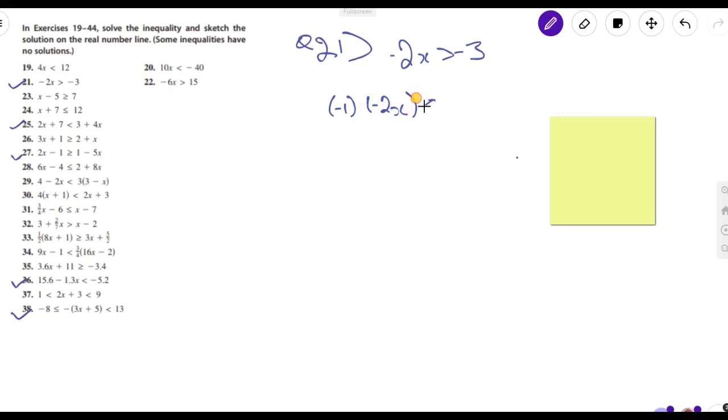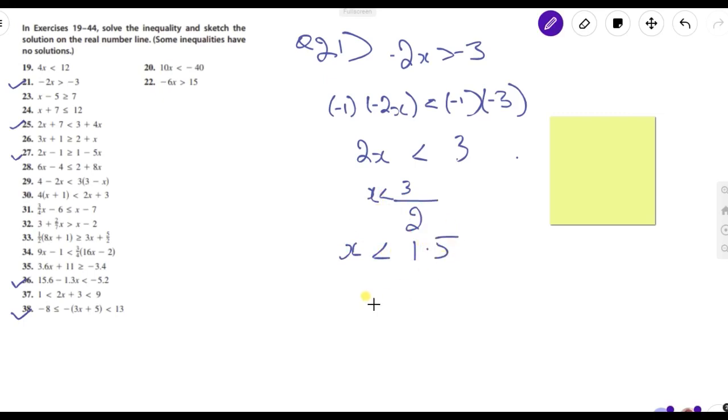So it becomes 2x less than 3, so x is less than 3 by 2. In other words, x is less than 1.5. All those numbers which are less than 1.5, when you substitute them in this inequality, the inequality will remain satisfied.